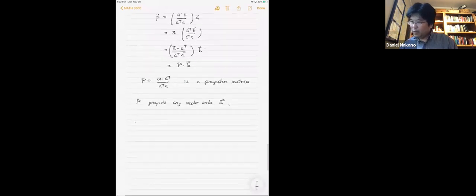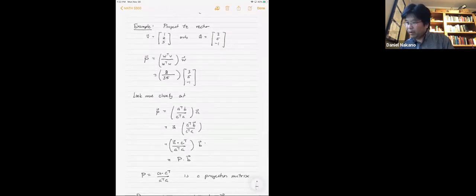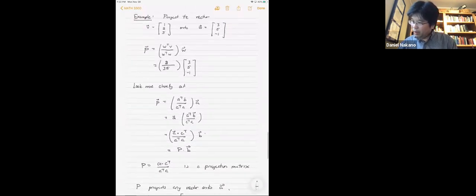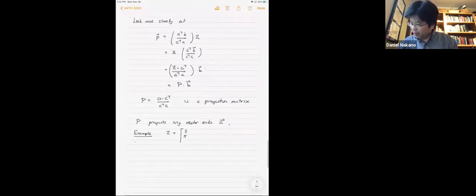Okay, so let's go back to this example over here. What are we doing? The A vector is W. So let's do an example. The A vector is going to be equal to 3, 5, minus 1.